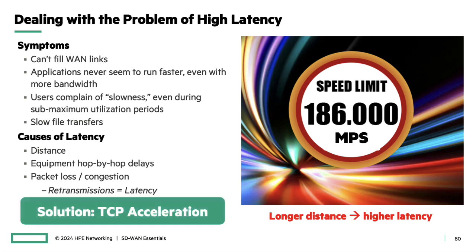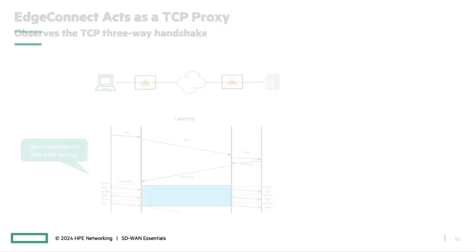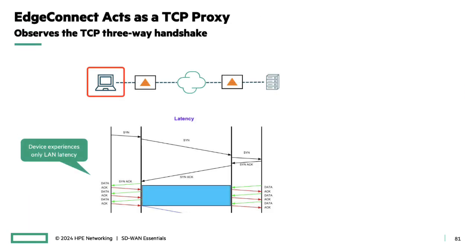TCP acceleration can't change the speed of light or eliminate processing delays, but it can help to reduce the effects of latency in your network by acting as a TCP proxy. Here is a laptop accessing the file server on the right. Latency round trip would be 2 plus 150 plus 2 milliseconds on the return for a total of 308 milliseconds.